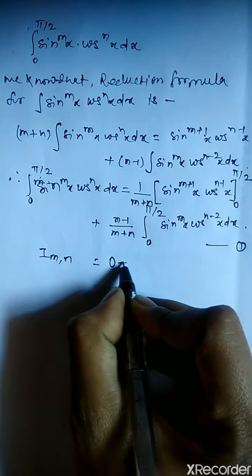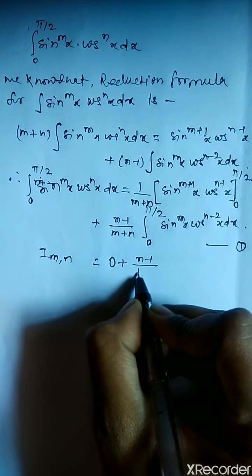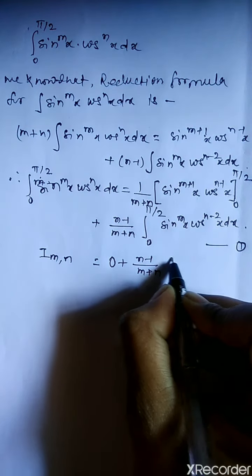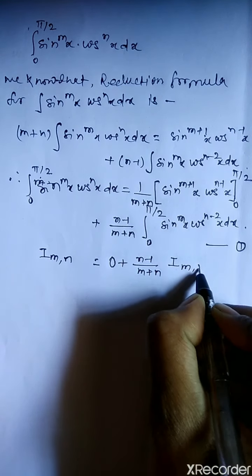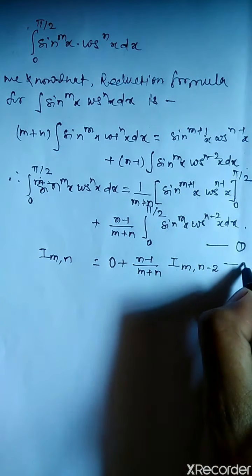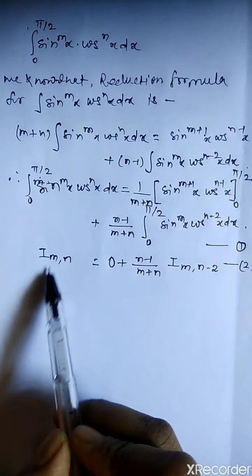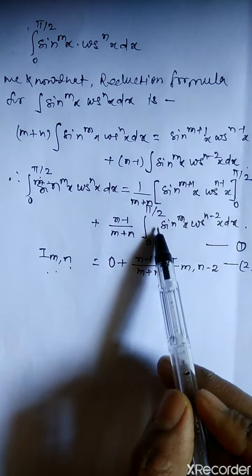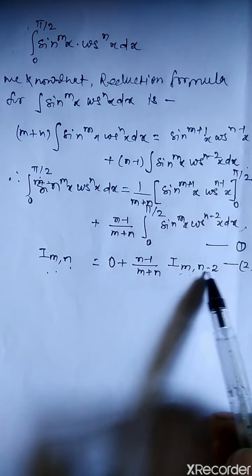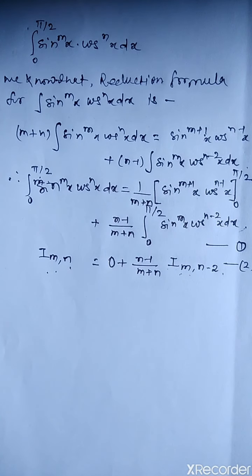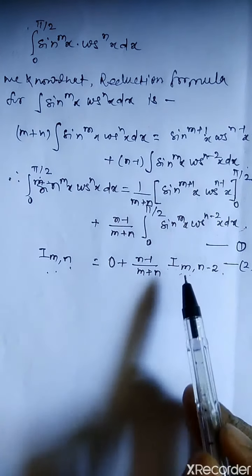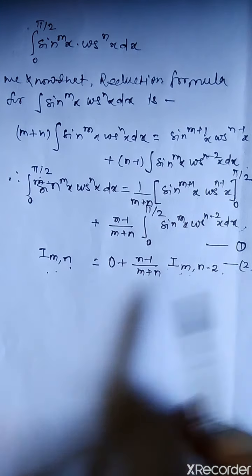So here 0 plus (n minus 1) by (m plus n). Let us write this value as I m comma n minus 2. Equation number 2. Since we can write this value as I m n, so we will write this value as I m n minus 2.